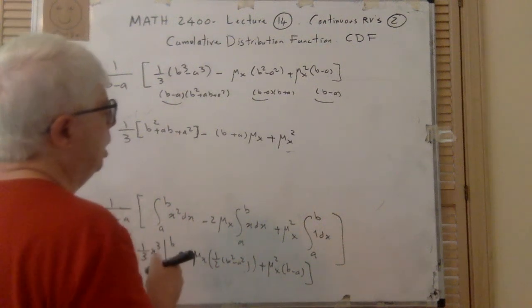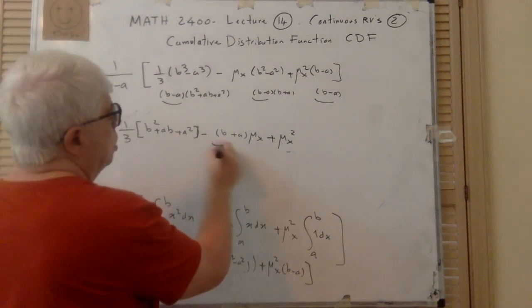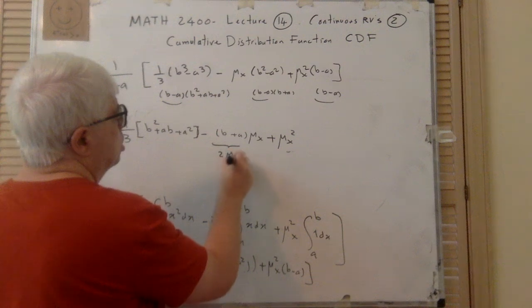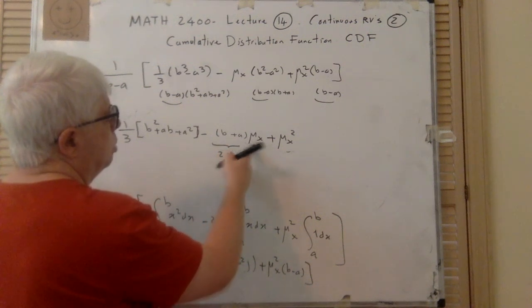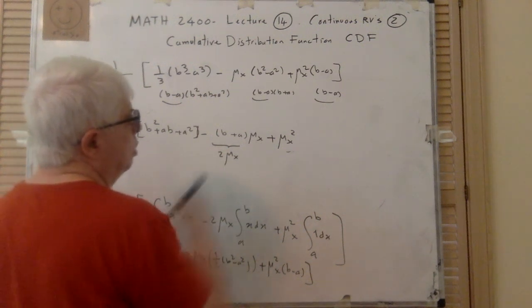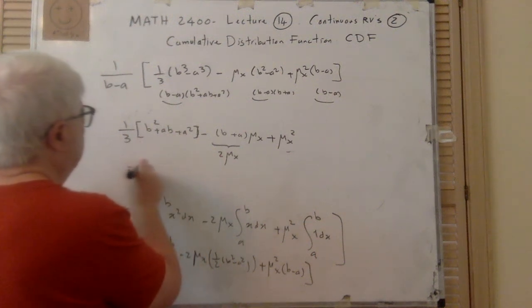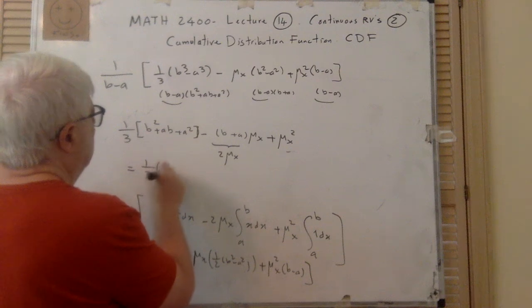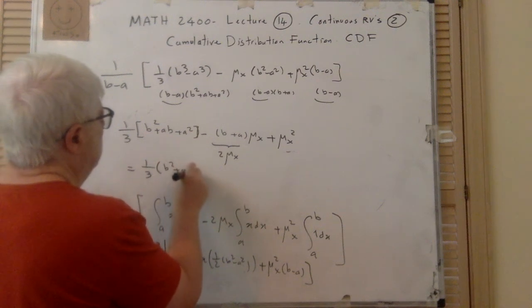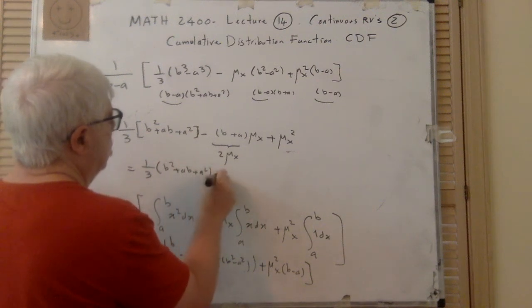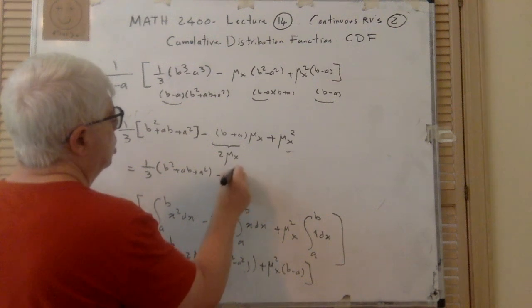Now b plus a is 2 mu x. So minus 2 mu x squared plus mu x squared gives minus mu x squared. And so that is in fact 1/3 (b squared plus ab plus a squared) minus mu x squared.